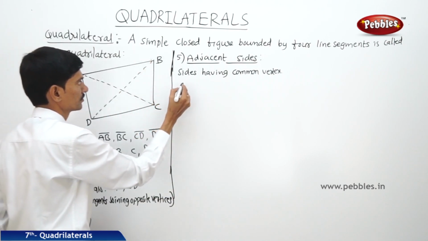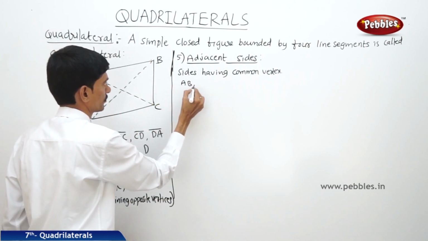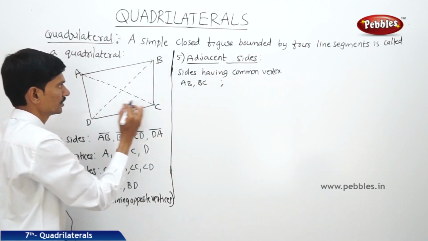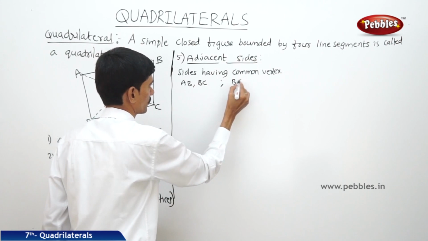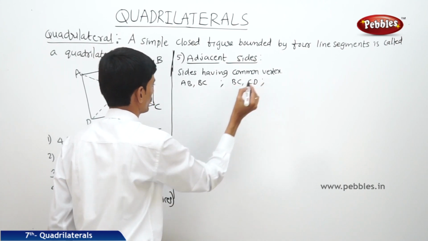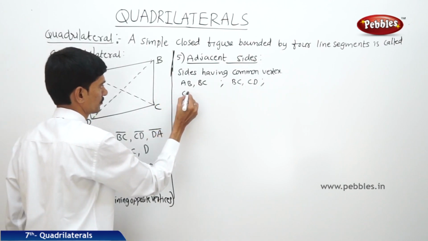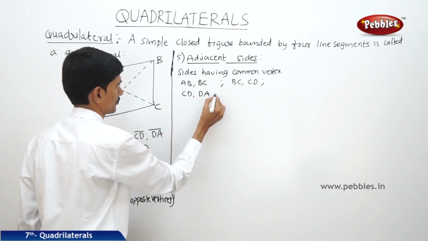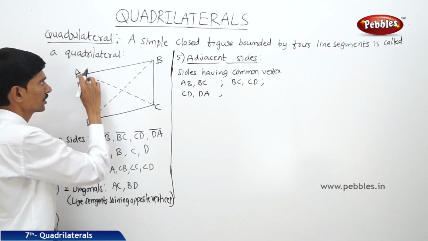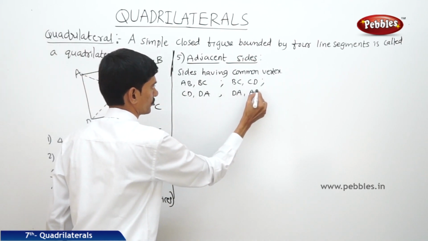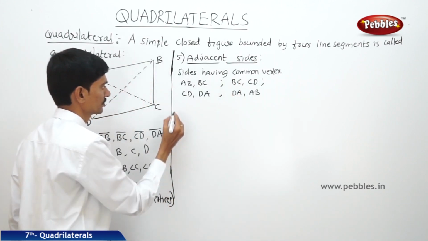AB, BC. Next BC, CD. Next CD, DA. Next DA, AB. So these are the adjacent sides.